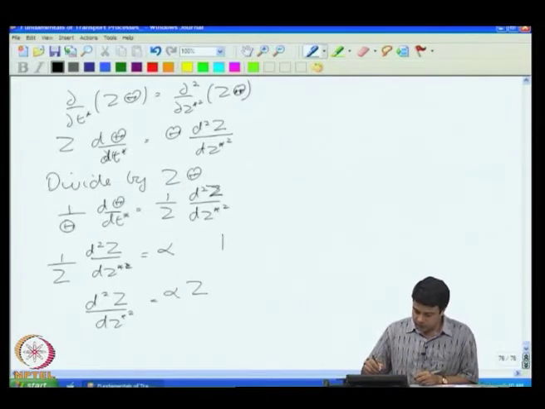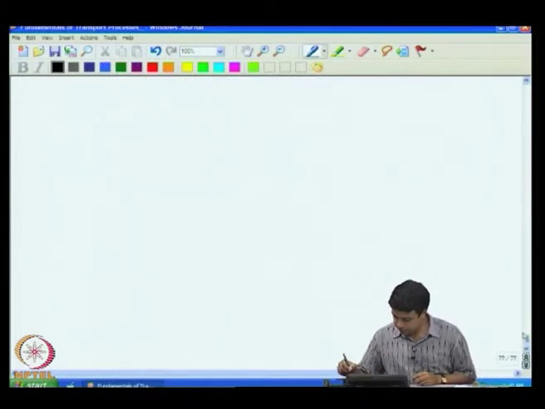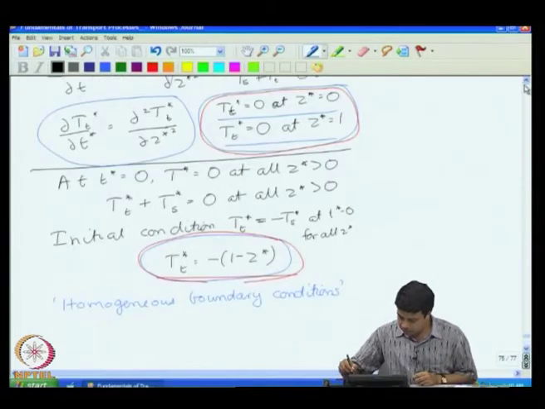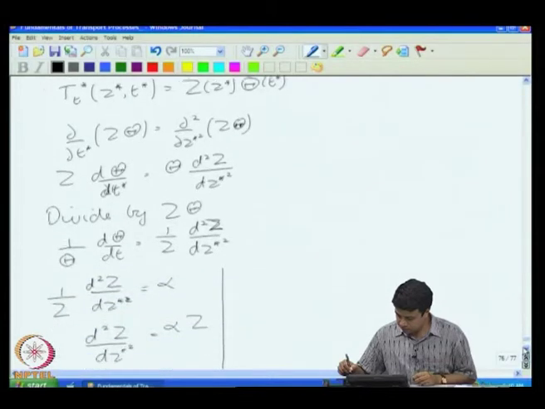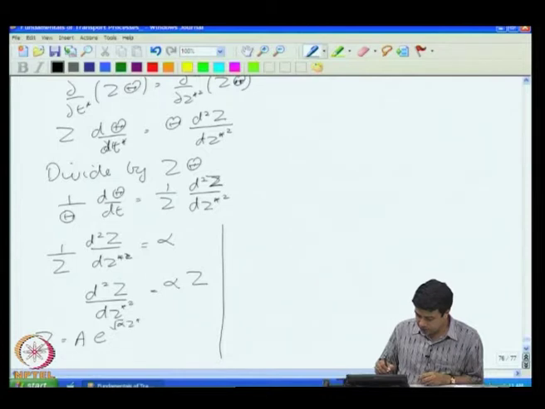For the moment, we will assume that this constant is positive. The solution of this will be of the form z is equal to a e power root alpha z star plus b e power minus root alpha z star.